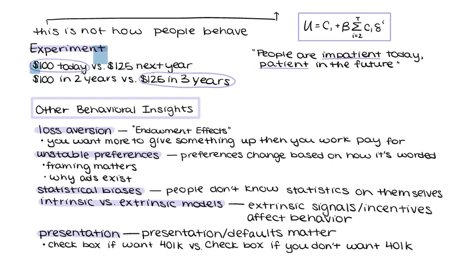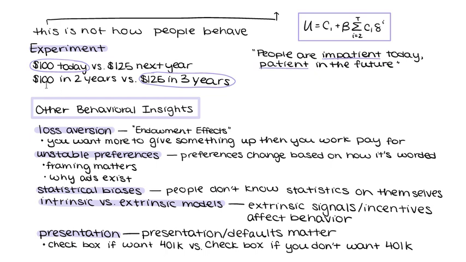$100 today versus $125 next year, or $100 in 2 years versus $125 in 3 years. So people are impatient today and patient in the future. It means for the first case, people tend to choose $100 today.